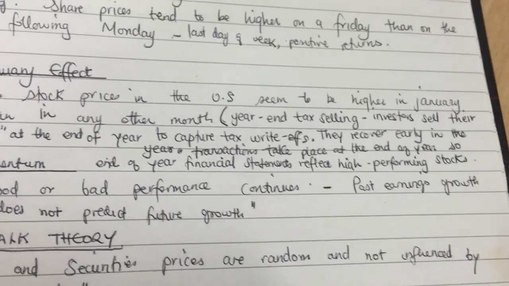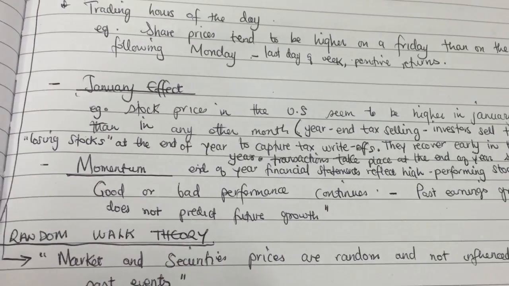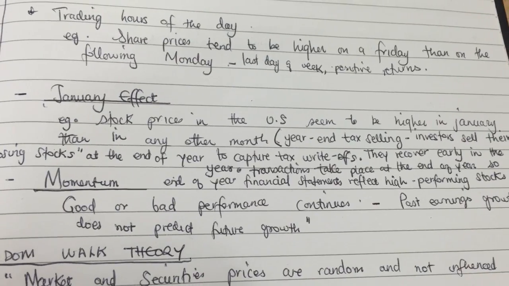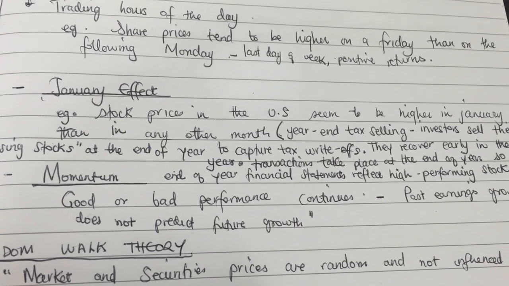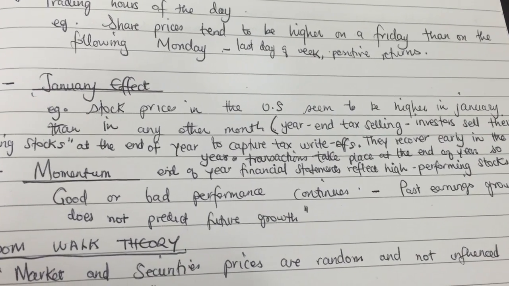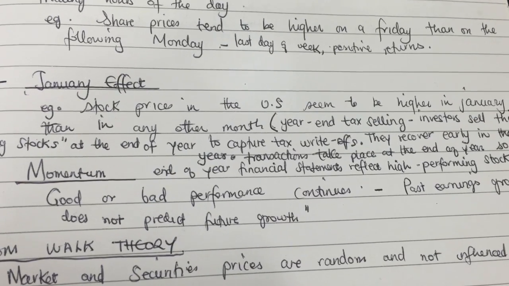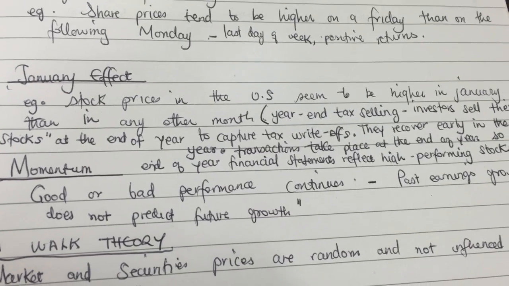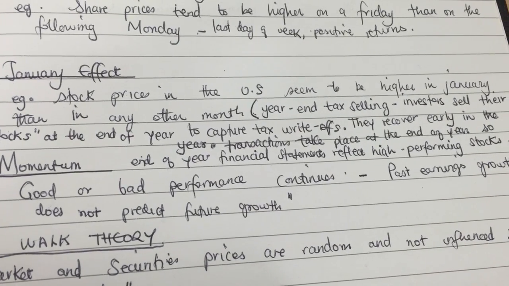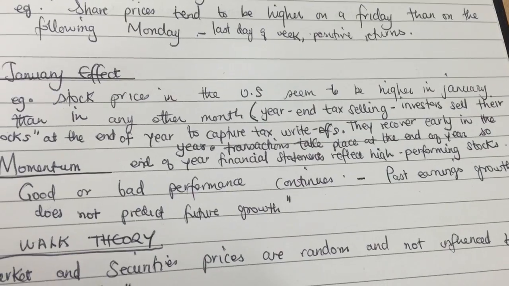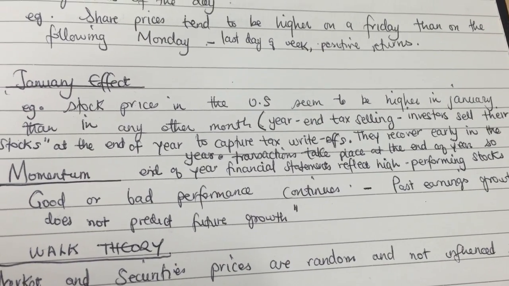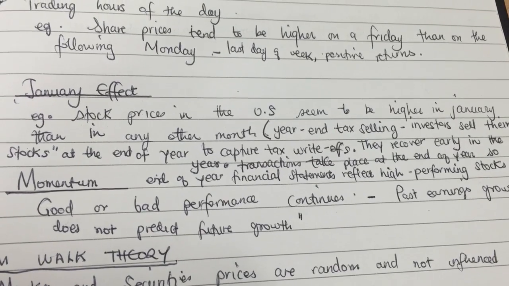And that means that investors sell their losing stocks at the end of the year to capture tax write-offs. Towards the end of the year, the companies start to evaluate their stocks which are doing well and the stocks which are not doing so well. And they decide to sell off the stocks which are doing badly.